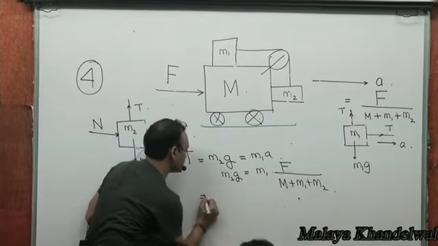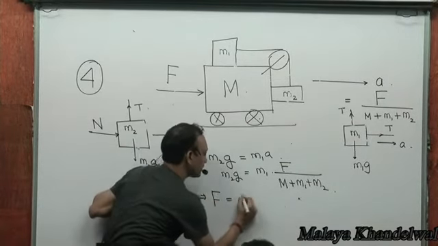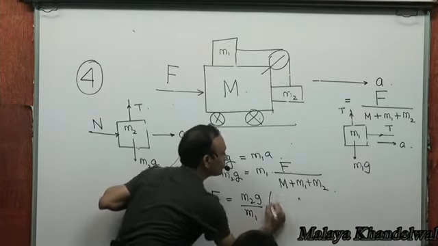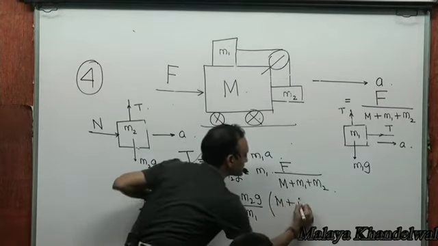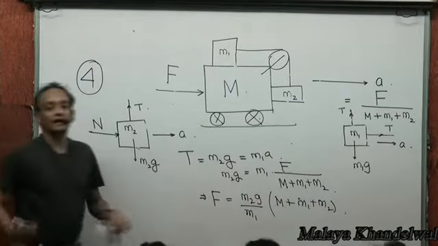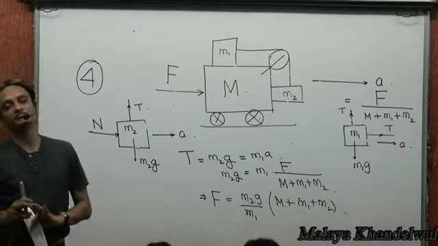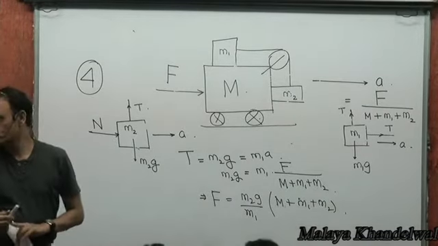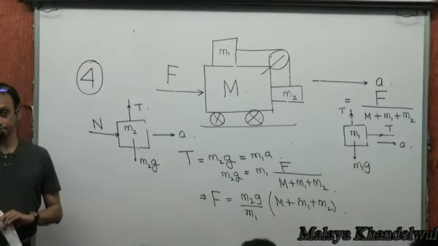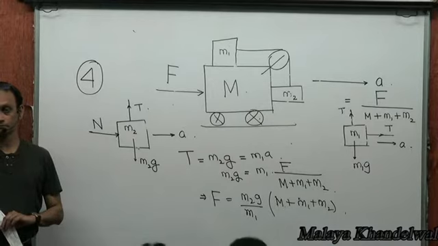So capital F turns out to be M2G by M1 into capital M plus M1 plus M2. That's the value of the force that will prevent relative motion. Got me? Yes or no?